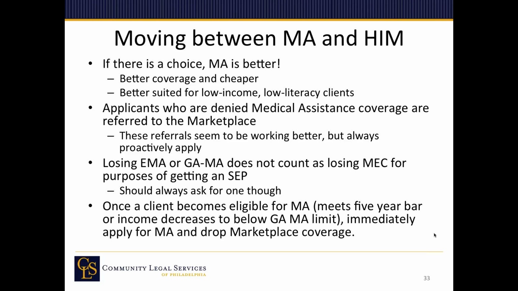Like we said, they seem to be very willing to give special enrollment periods, especially to immigrants, just because the system has been so flawed for immigrants especially, and has resulted in many immigrants falling through the cracks and not getting the coverage that they're eligible for. Just go ahead and ask for one. The worst they can do is say no.